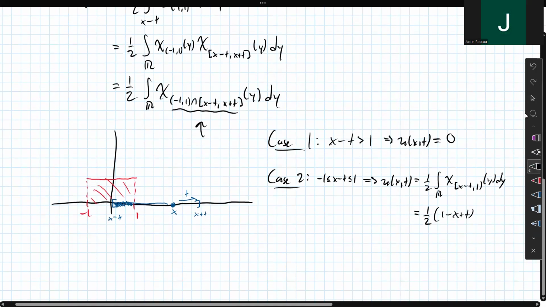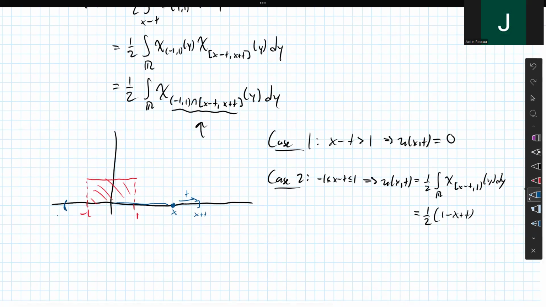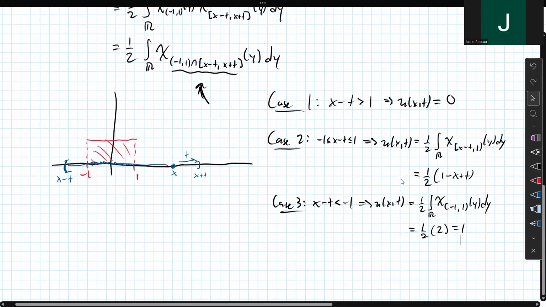So we have this. And finally, in the third case, this left endpoint is somewhere to the left of -1. Right, so here the intersection is just all of -1 to 1. So again, this is case 3, where x minus t is less than -1. And again, continuing from this line here, u of x,t becomes the characteristic function on all of -1 to 1. Again, this just spits out the measure of the support. In this case, it's the length of this interval, which is 2. So we end up with just 1 in this case.